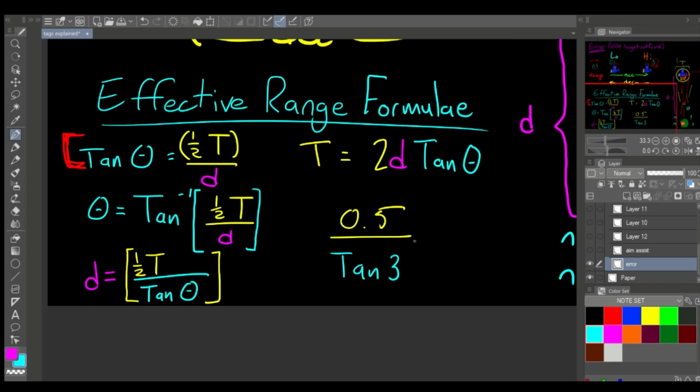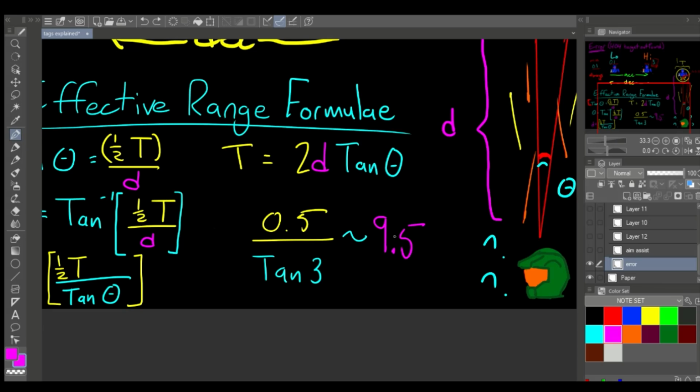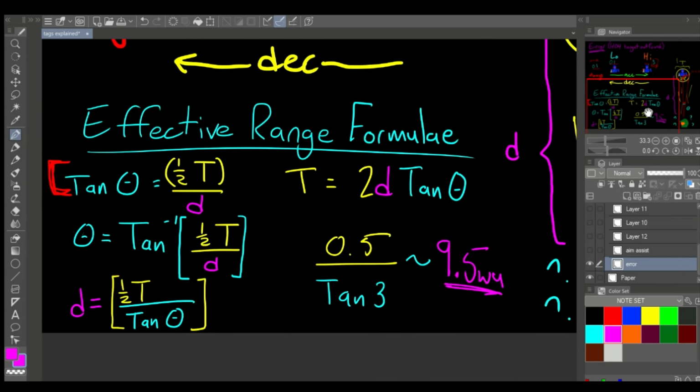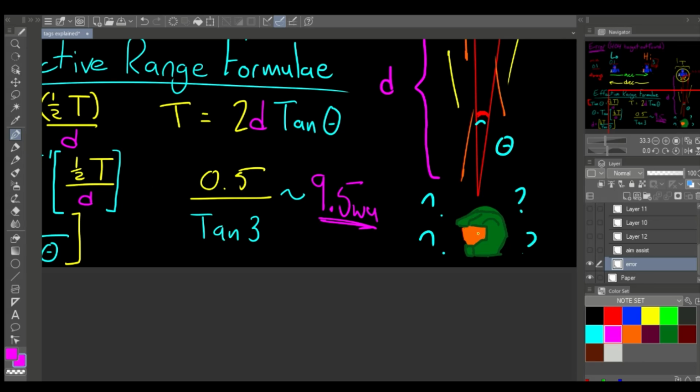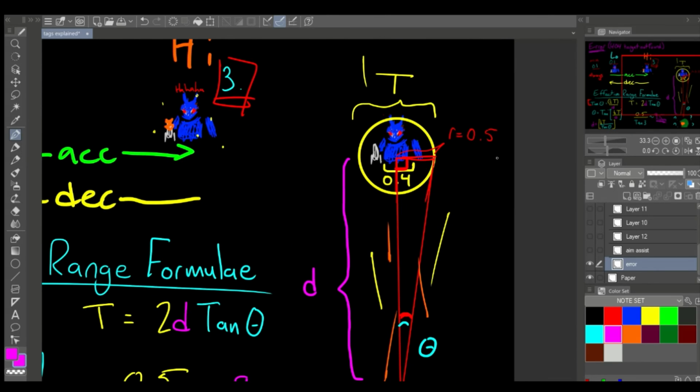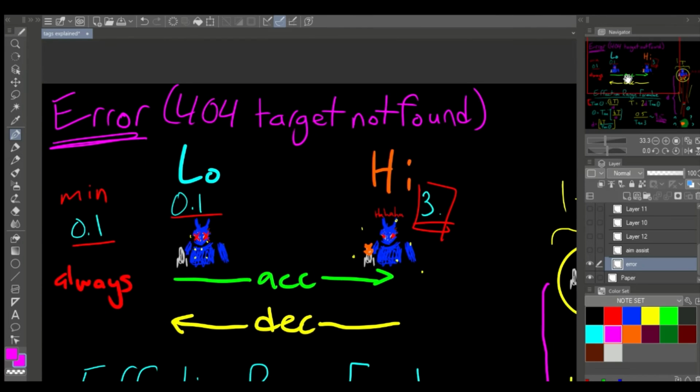Basically what you get is roughly 9.5 world units. So basically what you have here is Master Chief wants to put half his bullets on target. He needs to be 10 world units away from this brute here. And that's how error works.